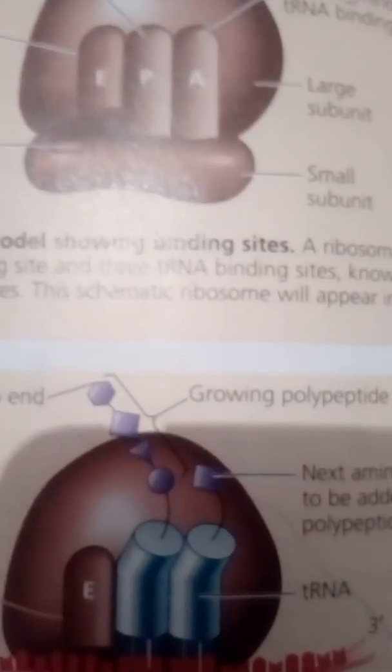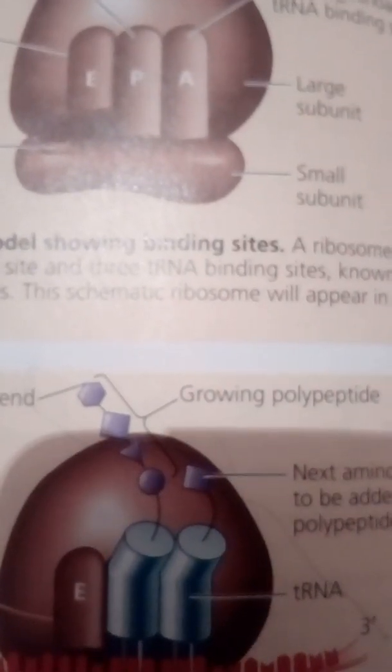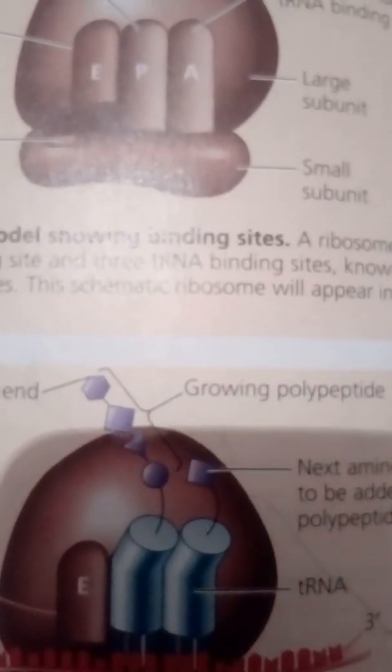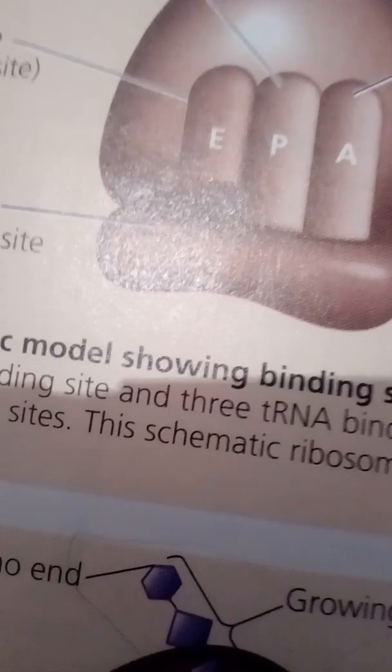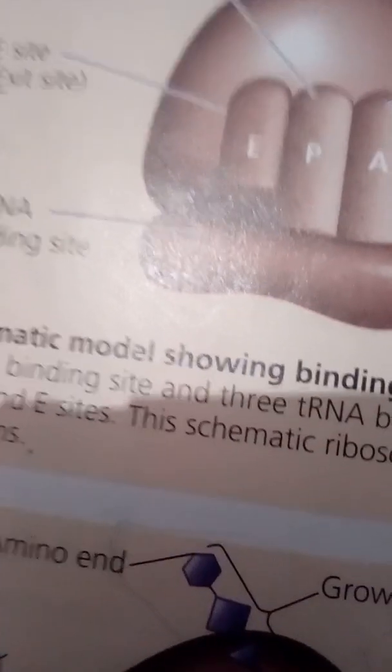Four decades of genetic and biochemical research on ribosome structure have culminated in the detailed structure of the bacterial ribosome, which appears as a ribbon model in this figure.